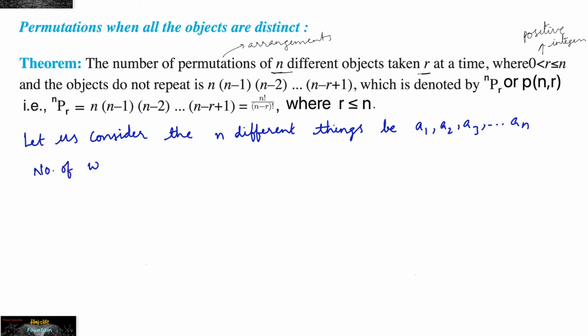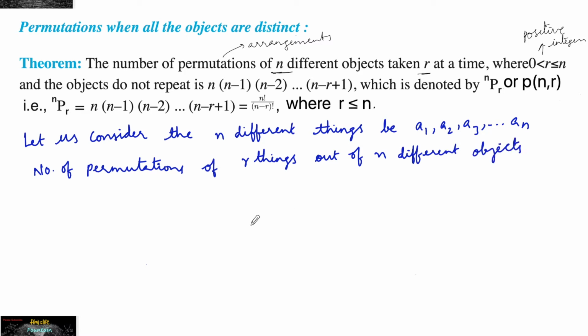or we can write number of permutations of r things out of n different things, different objects, will be same as number of ways of filling up the r places.